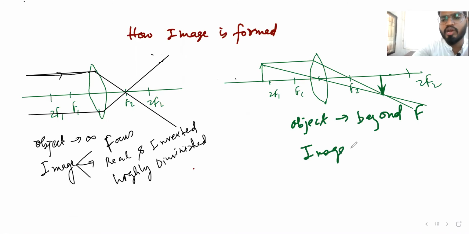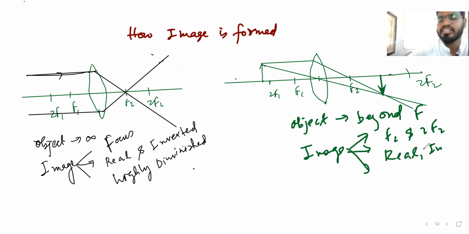If you see, there are three properties. First, it is forming between F2 and 2F2, right? The image is real and inverted, right? Third, it is smaller than the object, diminished, we can say, smaller than the object, right? Let's see next.